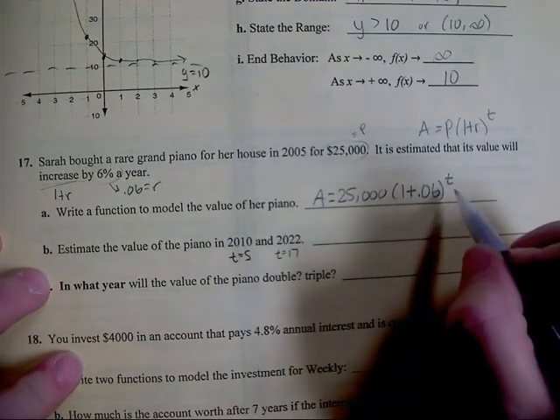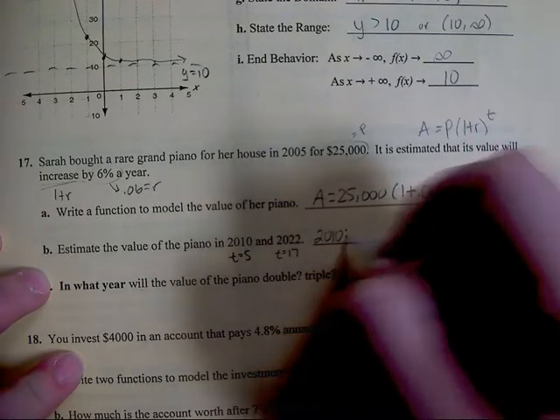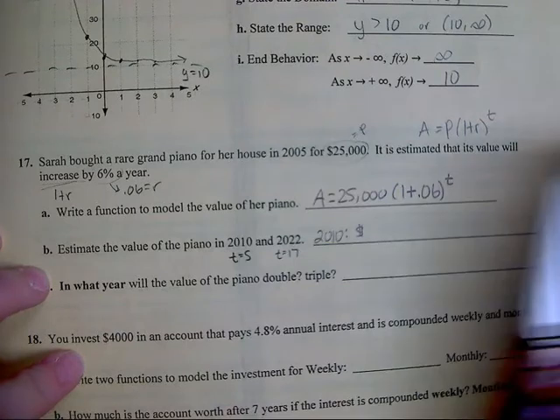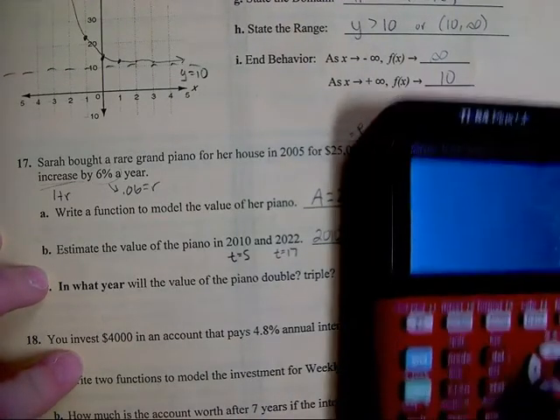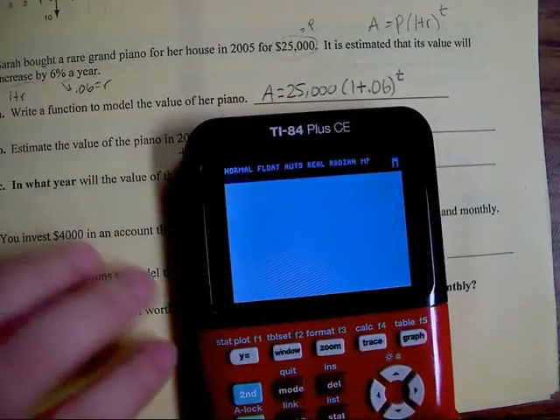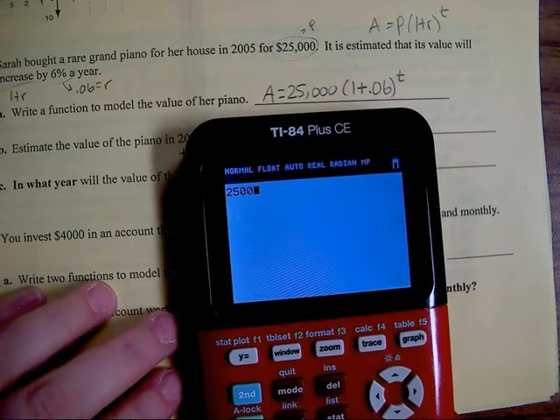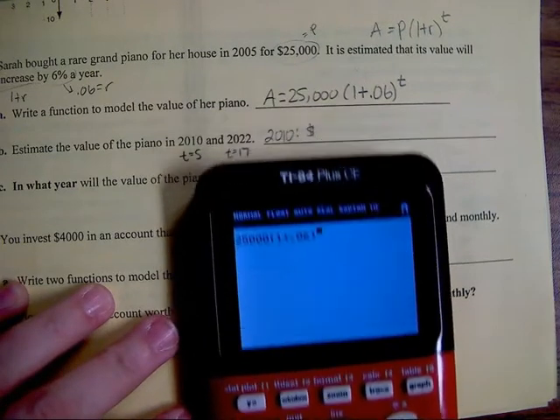So first I'm going to plug in 5. So in the year 2010, my piano will be worth, let's see here. We're going to do 25,000, 1 plus 0.06, raised to the power of 5.